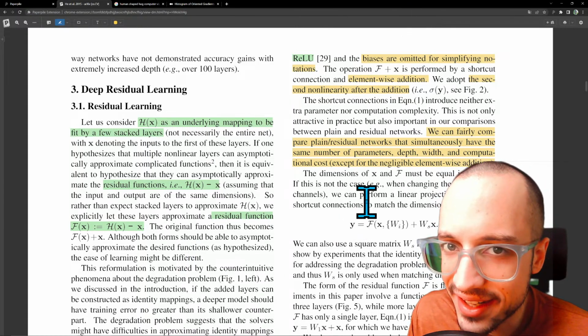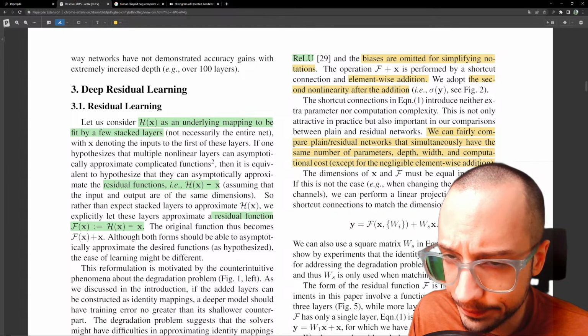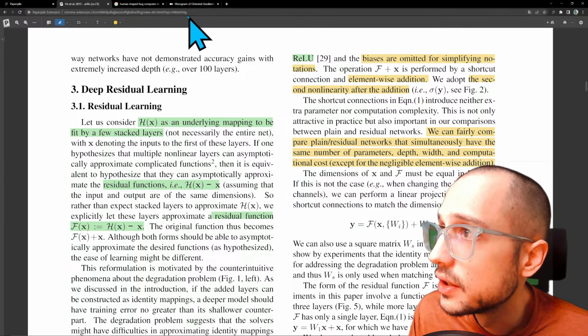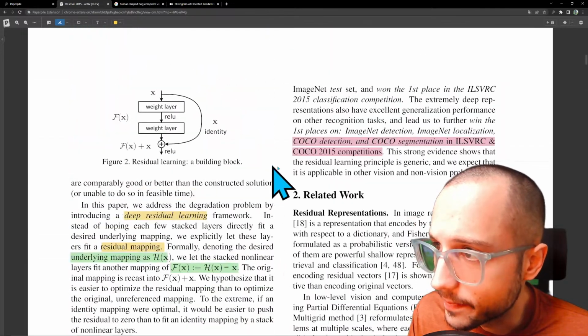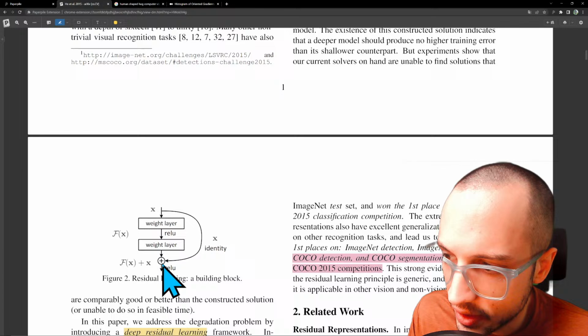The dimensions of x and F must be equal. If this is not the case, we can perform a linear projection by the shortcut connections to match the dimensions. What they're saying here is that when you take this x and add it after the multiplications here, maybe this x is going to be a different dimension than what's coming out of here.